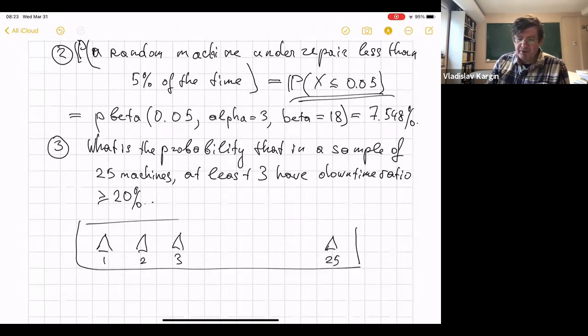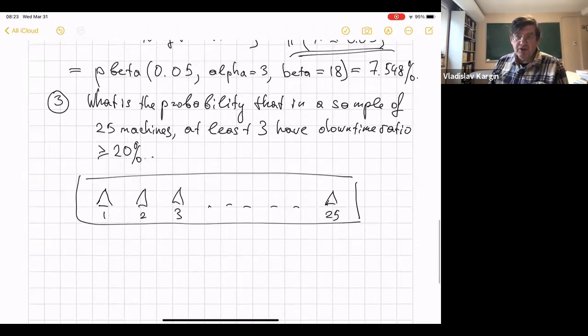This is a shipment of machines. We look at each machine, and each has a downtime ratio: ratio 1, ratio 2, ratio 3, ratio 4, up to ratio 25. So what's the probability that at least 3 of them are very bad, that they have a downtime ratio greater than 20%?